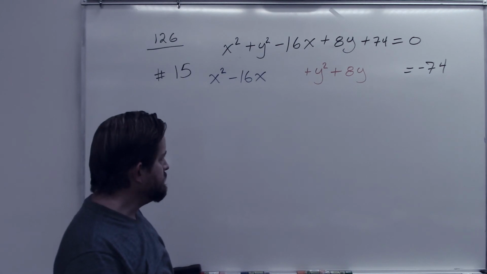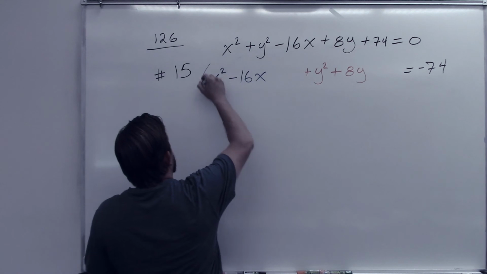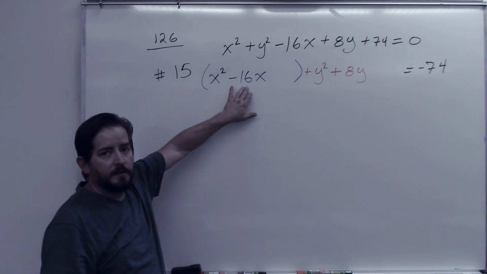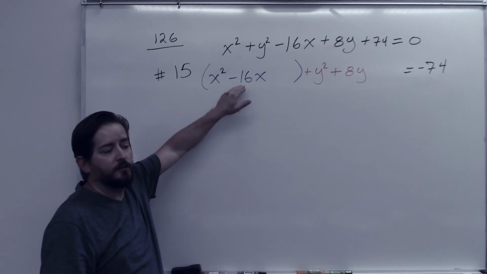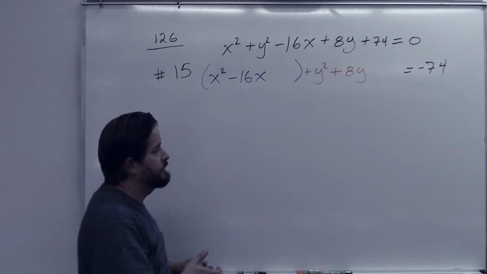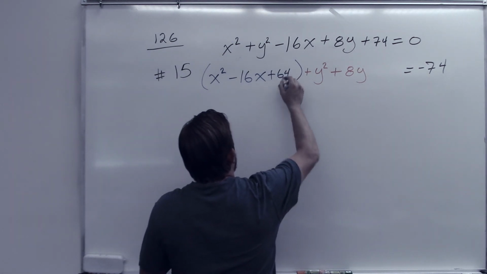So I'm going to complete the square, which is to say I'm just going to look at my x terms for a minute. Negative 16, I'll take that and divide it by 2, that's 8. 8 squared is 64. So I'm going to add 64 to both sides.